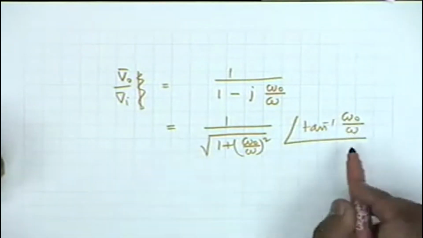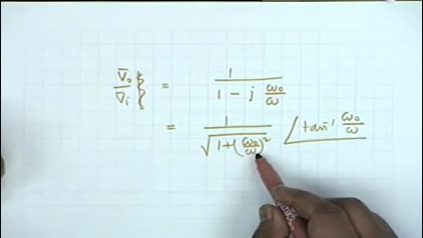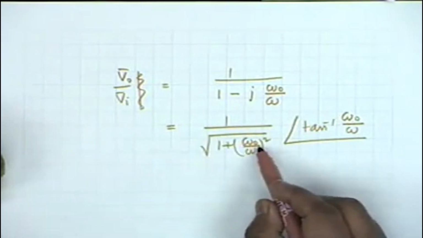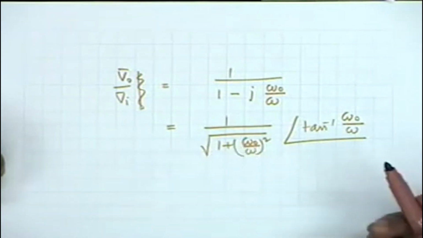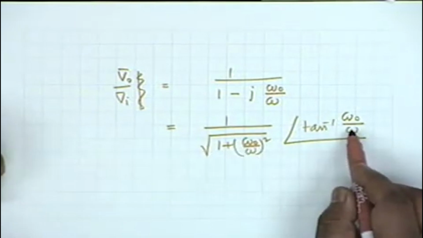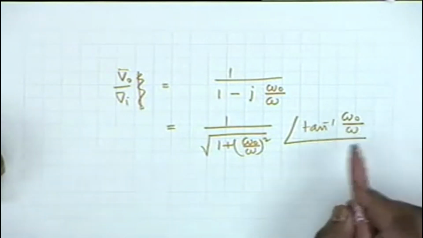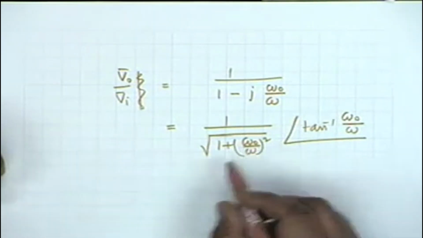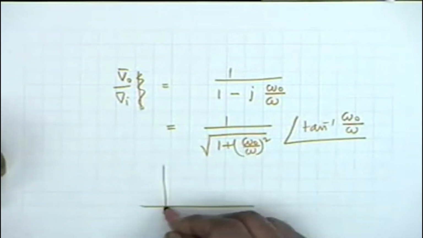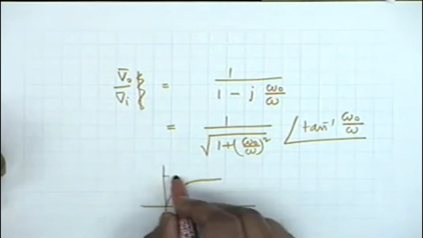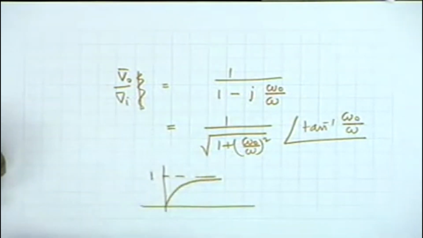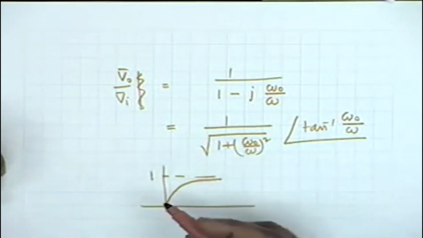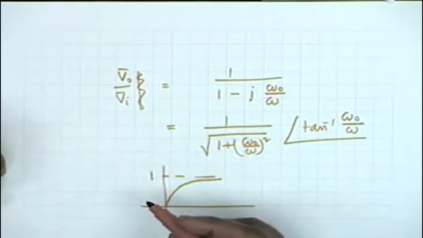Now you see that when omega is 0, this becomes infinity, 1 by infinity becomes 0, so the magnitude is 0, and the angle becomes pi by 2. On the other hand, when omega increases, the magnitude increases and reaches the value 1 at infinite frequency, and therefore this also behaves as a high pass filter.